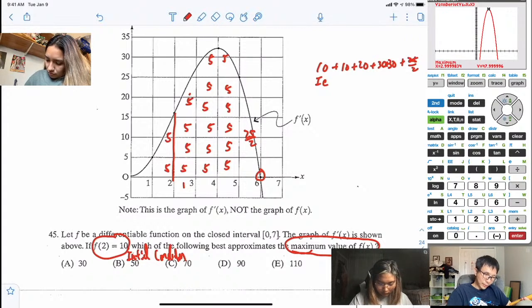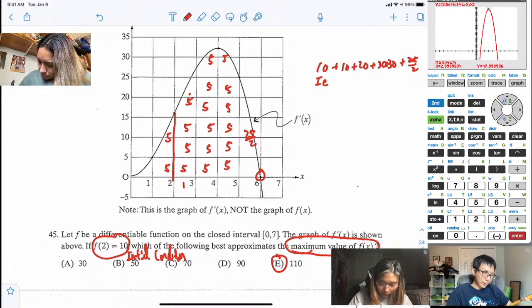That should be good enough. So it'd be 10 plus 10, 40, 100, and probably 110. So it's E. Basically, I just count it like the fundamental theorem of calculus. You have to find the maximum. The maximum is where it goes from positive to negative, so it's going to be 6, and just count it all up.